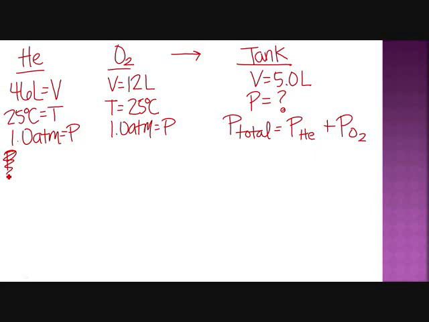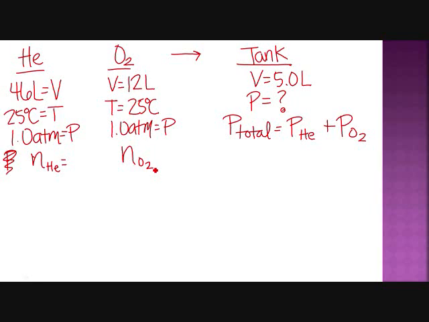They're just compressed together now. So what we're going to do is solve for the moles of each of them. And then when we know the moles of each of them, we put them into the tank. So we solve for the partial pressure inside the tank of each of them, and then we can find the total pressure. Okay? So we're first going to solve for the moles of each using the initial information.